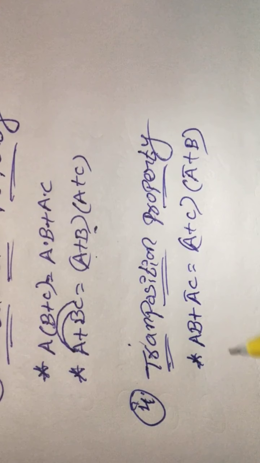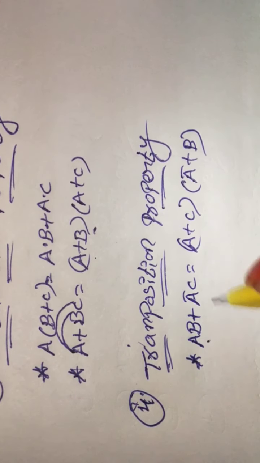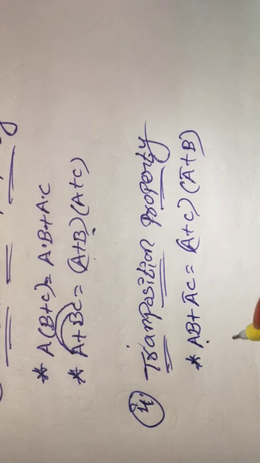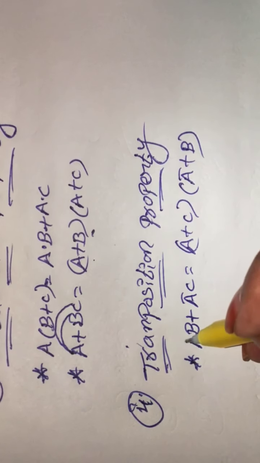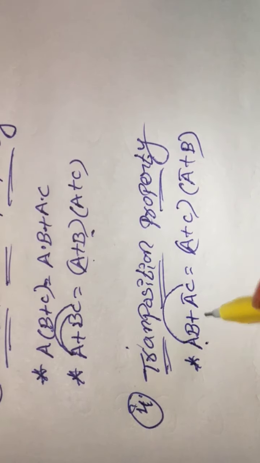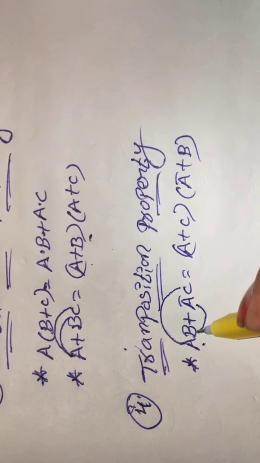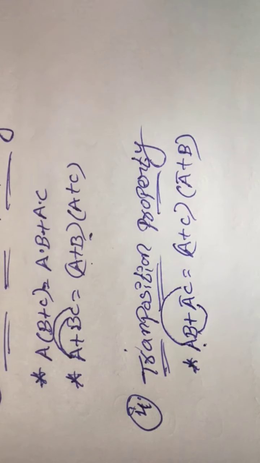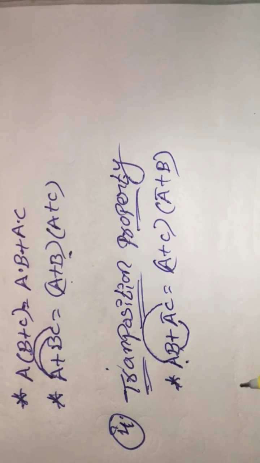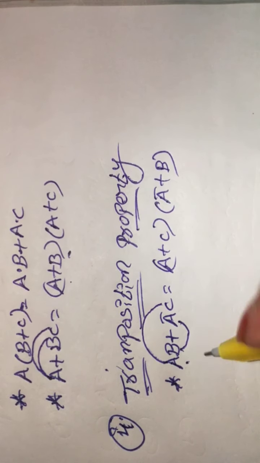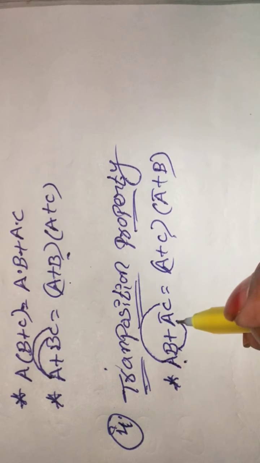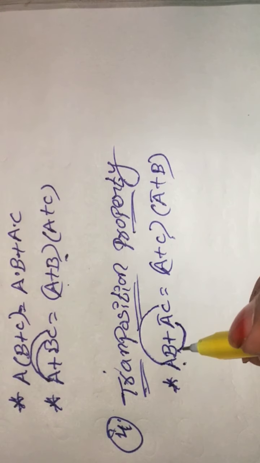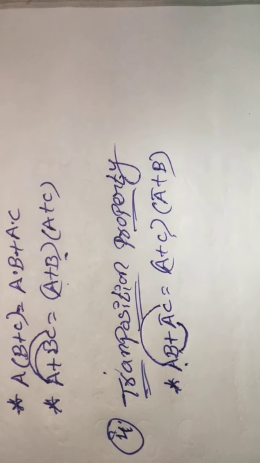That means here A bar is the complement of A. So we multiply with A into C and A bar into B. So we get A plus C and A bar plus B.